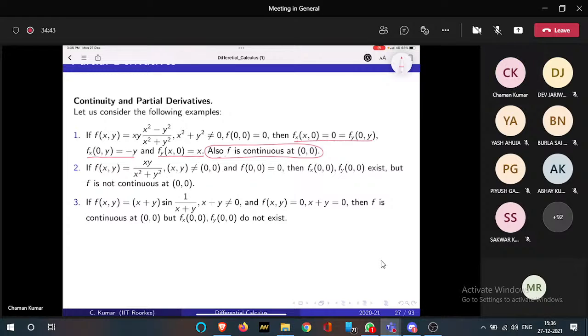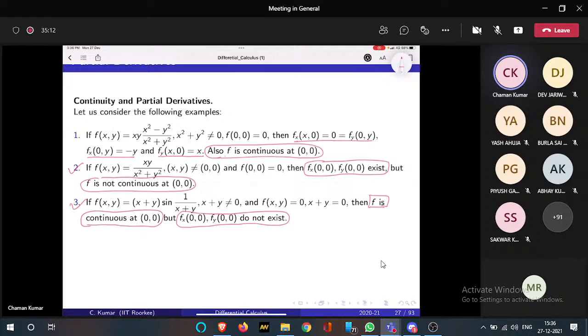Okay, right. Similarly, in the second example, one can check that the partial derivative exists at point (0, 0), but the function is not continuous. Okay, and in the third example, again, you can see that the function is continuous, though the function is continuous, but the partial derivative does not exist.